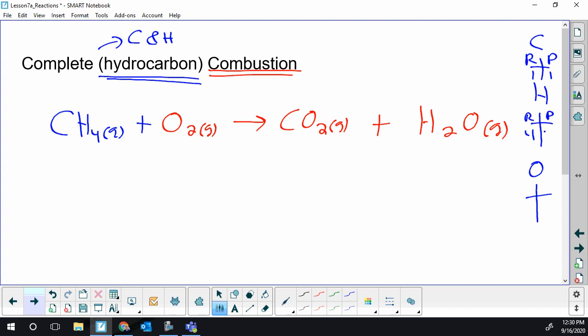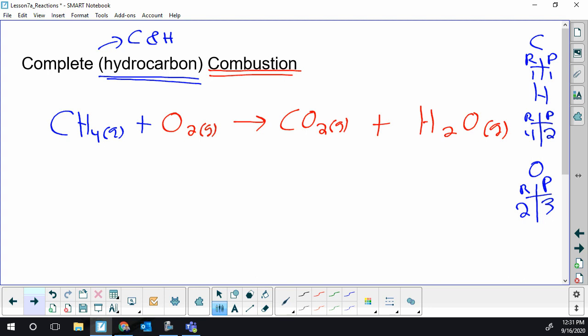In our water, they come in pairs, and we've got 1 pair. Oxygen: 2 of them there. On the product side, they're everywhere. We've got 2 of them there, and we've got 1 of them there. We've got 3 in total. So don't start with your O right away. You kind of want to end with your oxygen when you balance combustion.